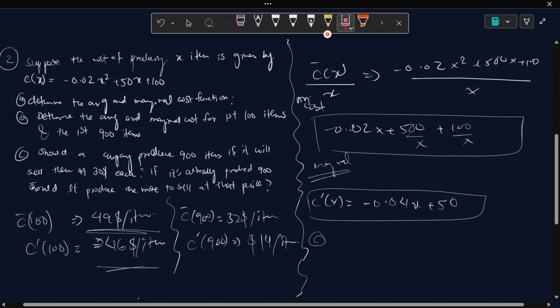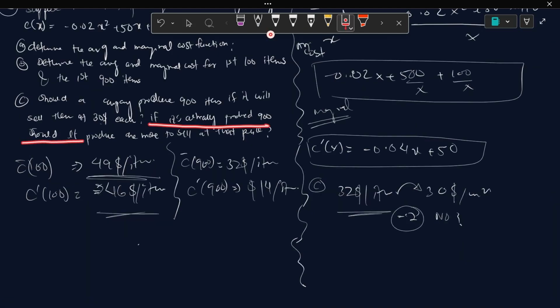We just calculated that the average cost of producing 900 items is $32. Since it takes them $32 to produce an item but they sell it at $30, that is a loss of $2. So no, they should not produce it, because of course they're losing.